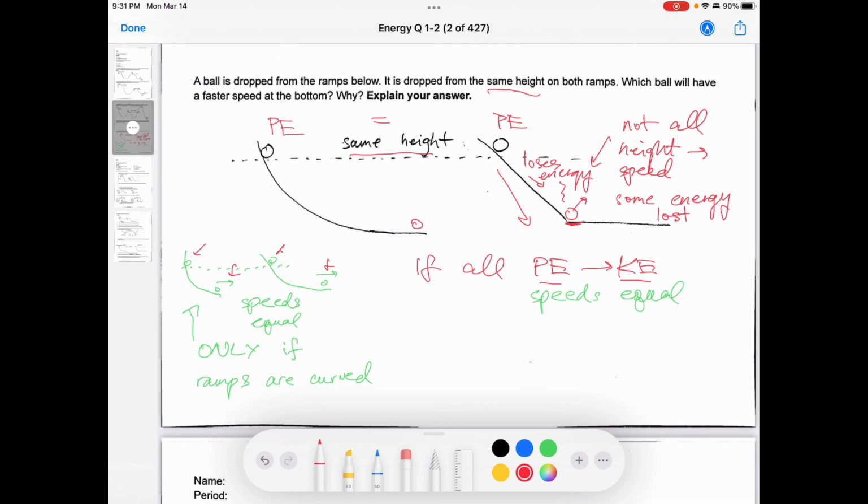So its speed at the bottom would be less. So this ball moves slower at the bottom of the ramp because it bounces. And if it did not bounce, if there was no bounce, it would have the same speed.